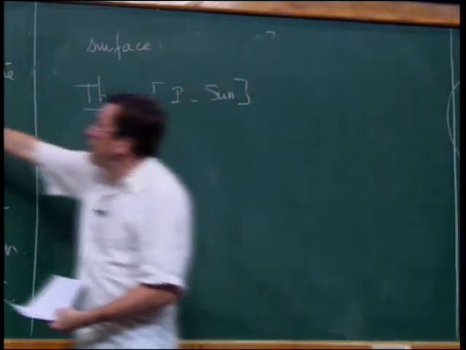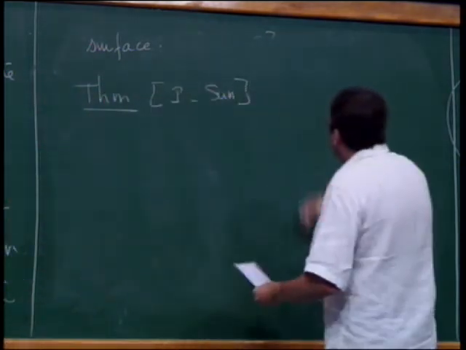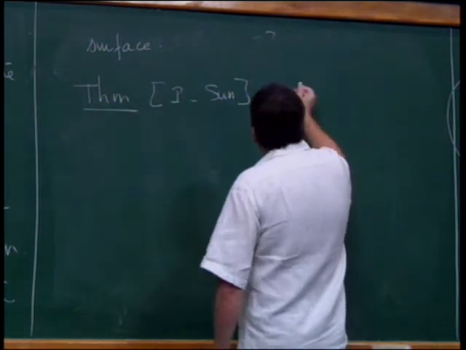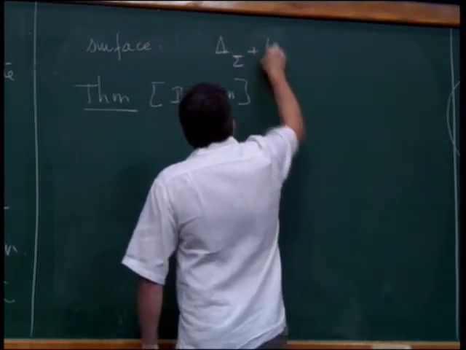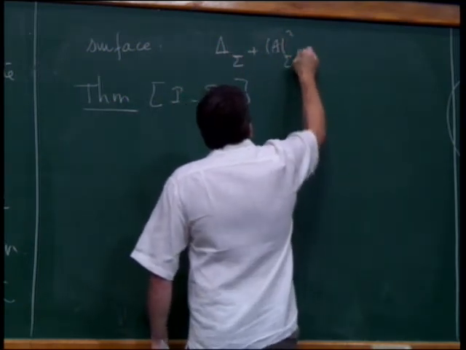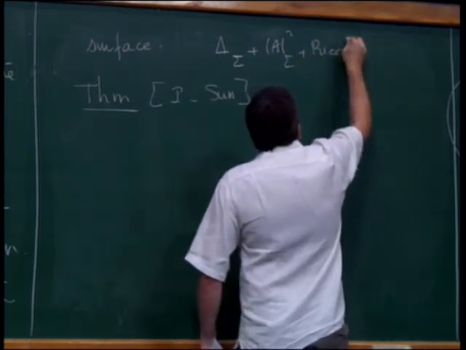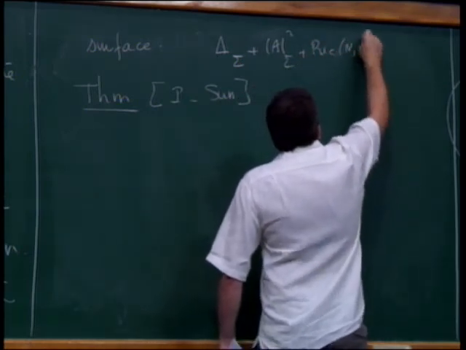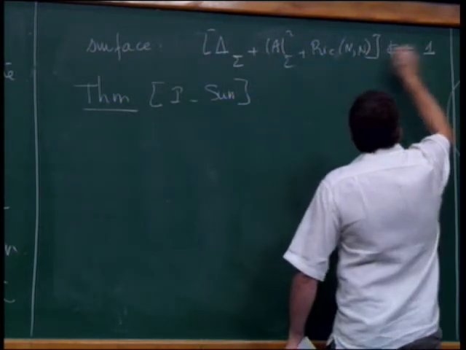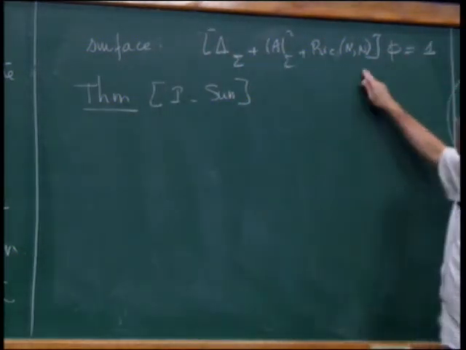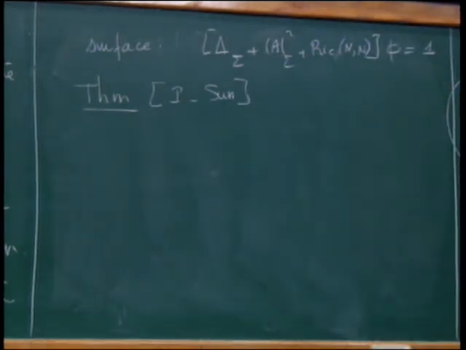I already said that sigma has to be non-degenerate. Then I can take the Jacobi operator about sigma, and I can find the function phi which solves the equation: the Jacobi operator applied to phi is equal to 1.